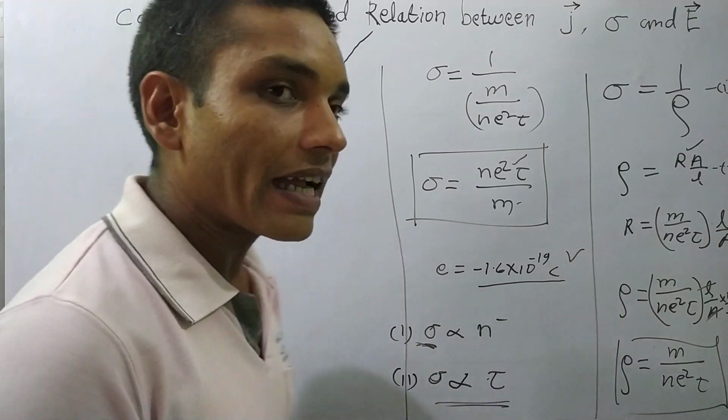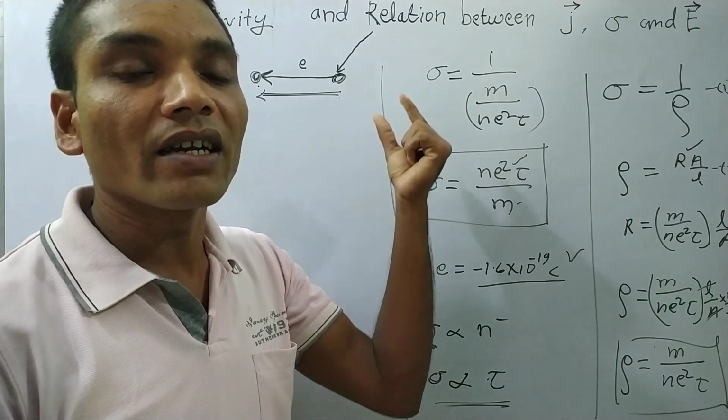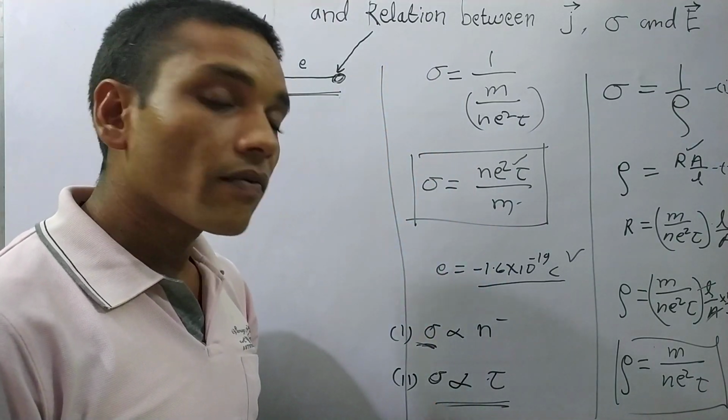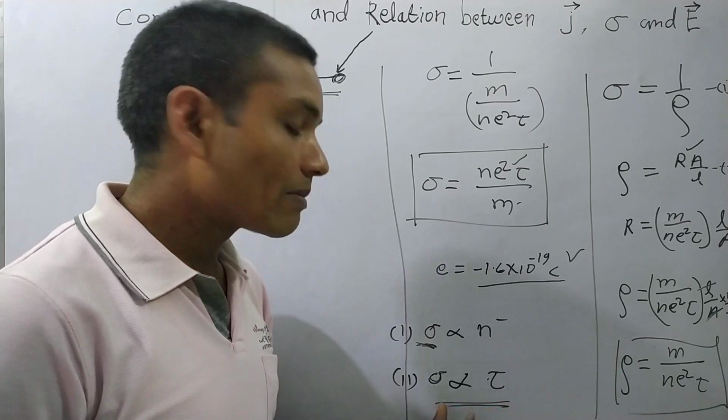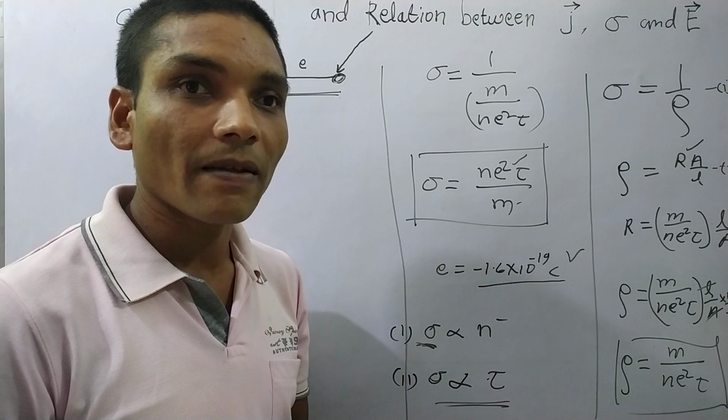Here the conclusion is that when the temperature of any conductor is increased, the conductivity of that conductor decreases.